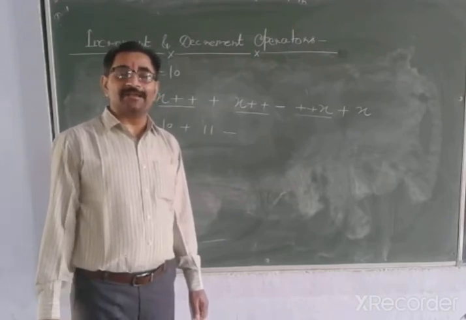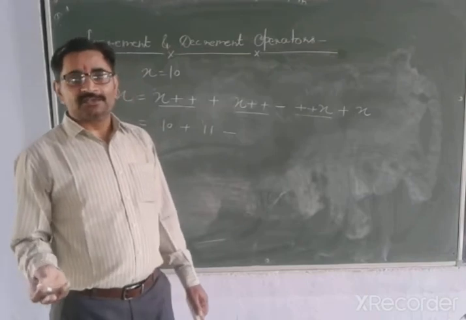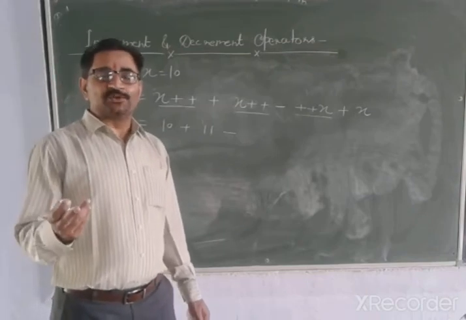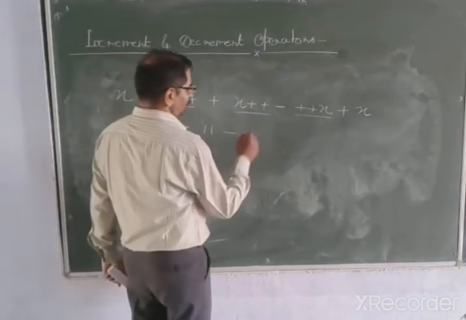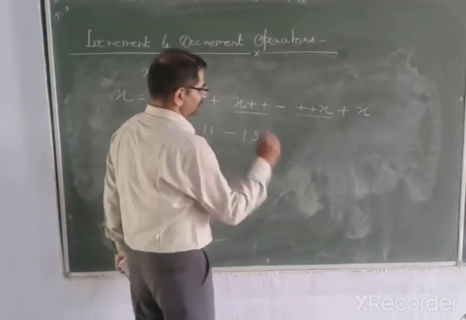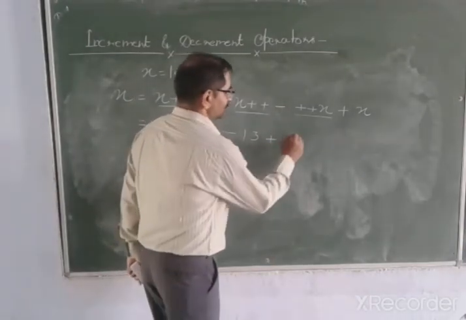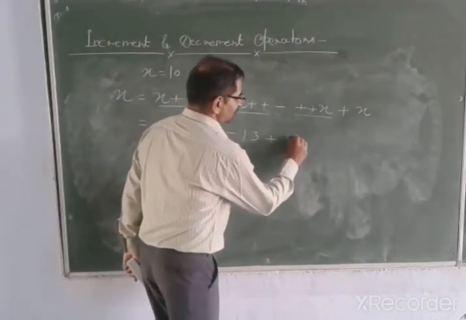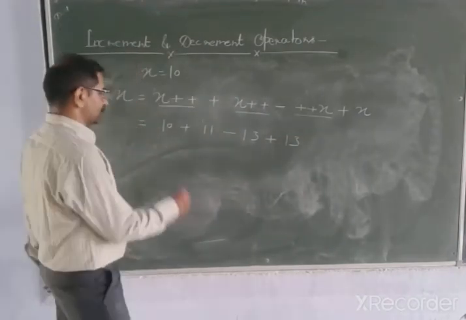What is the value of x? 12. Change then use. So 12 becomes 13. Then use. So here we take 13, the current value of x is 13.